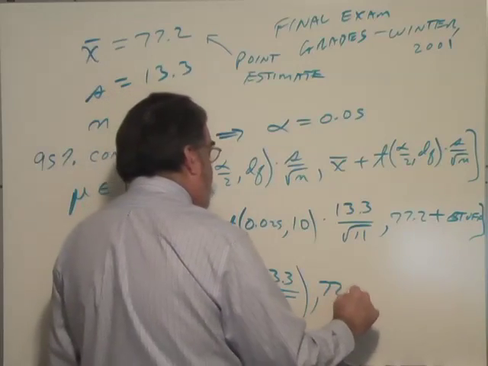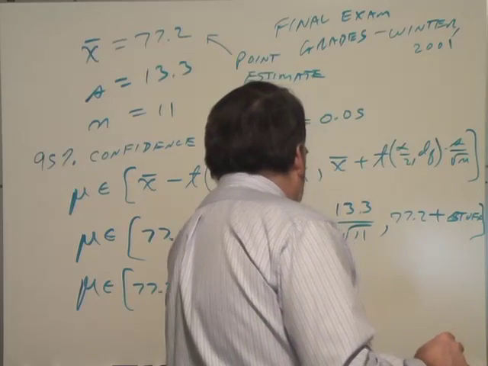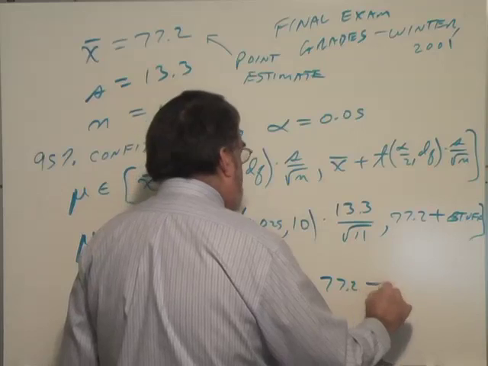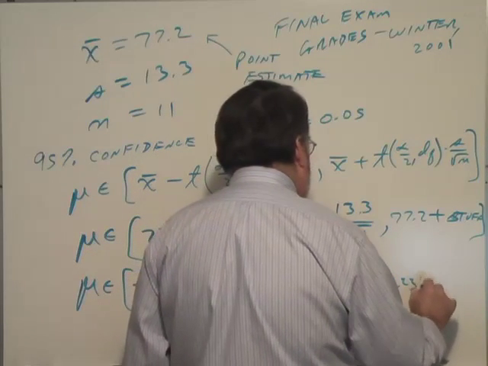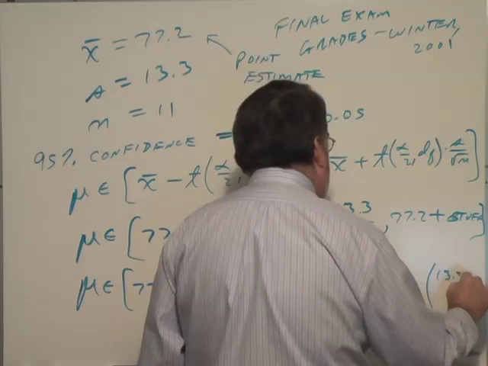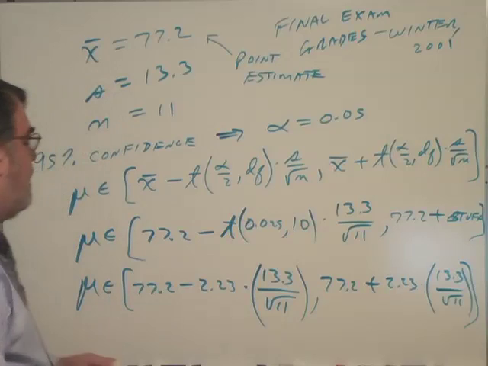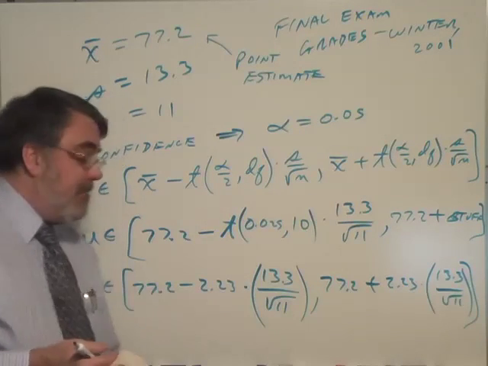And then 77.2, let me fix this, 77.2 plus the 2.23 times 13.3 over the square root of 11. So there's a calculation with all the numbers plugged in.